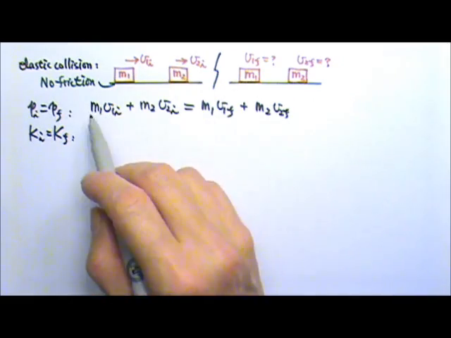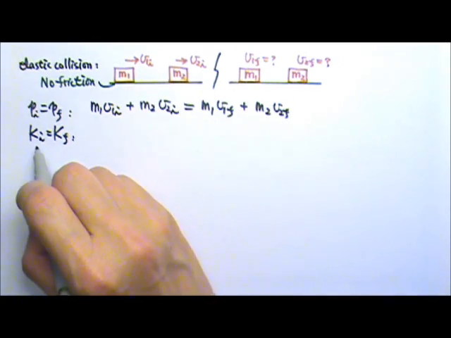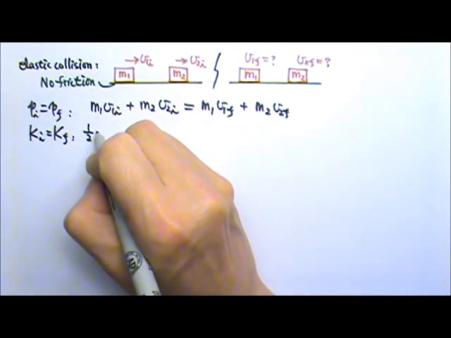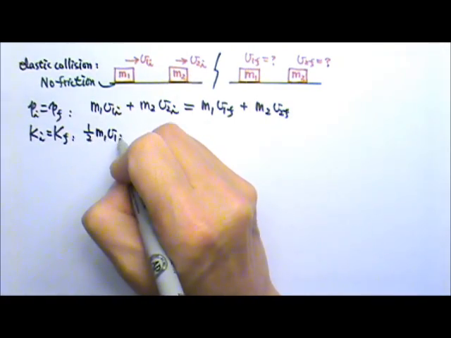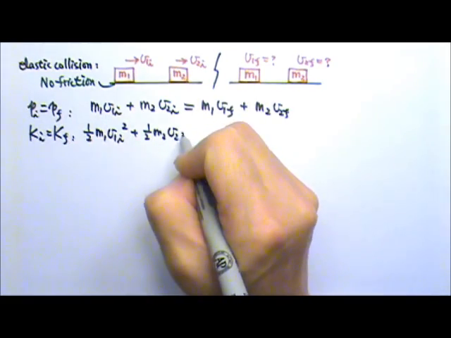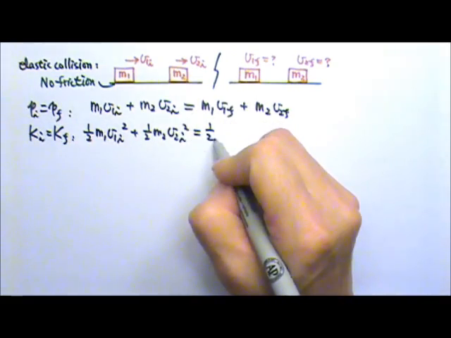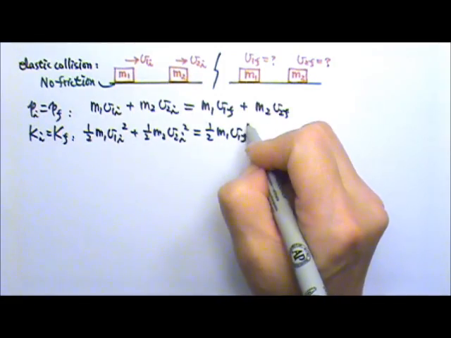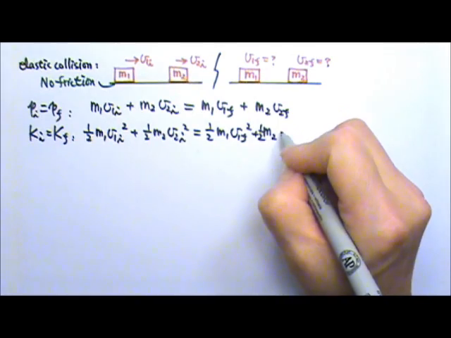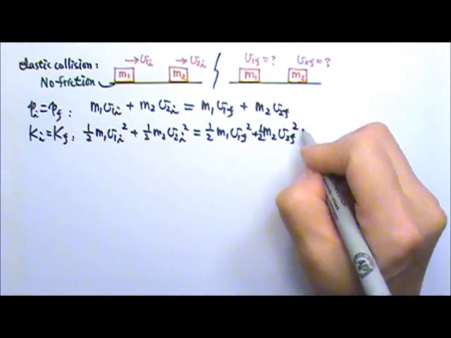So that's the conservation of momentum equation. And then for the kinetic energy, it's just like that one. It'll be 1/2 m v squared instead, of course. So 1/2 m v squared plus 1/2 m v squared equals the 1/2 m v squared plus the 1/2 m v squared.